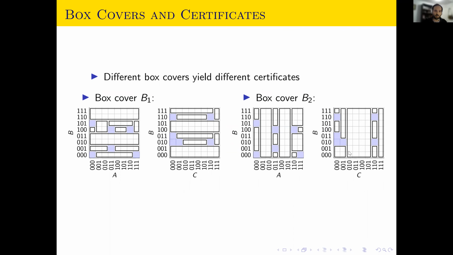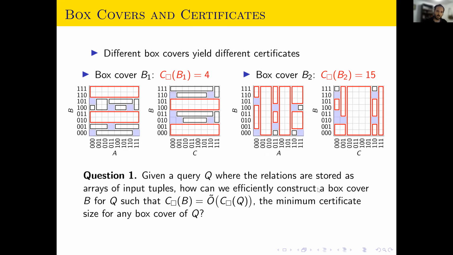It's important to note that different box covers yield different certificate sizes. Here we have, for the same query, 2 different box covers, B1 and B2. They don't have any boxes in common, and the certificate size goes from 4 for B1 to 15 for B2. This motivates our first research question: given a query Q where the relations are stored as input tuples, how can we efficiently construct a box cover B for Q such that the certificate size for B is within a tilde O factor of the certificate size for Q, which is the minimum certificate size for any box cover of Q?